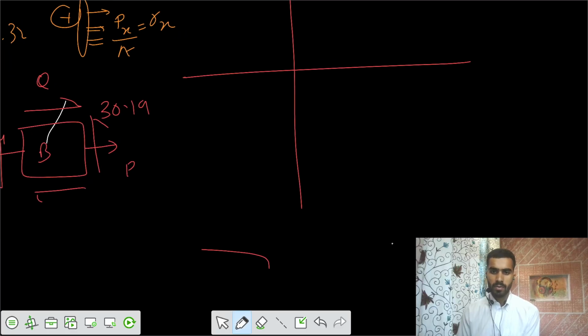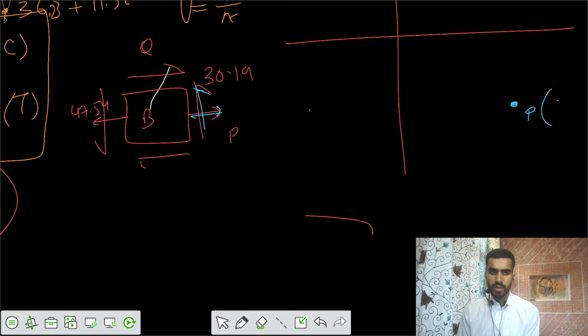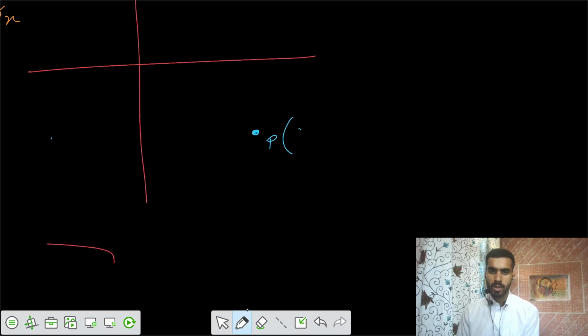For the plane P, you have 30 anti-clockwise, either here or here, and after that you have normal tensile positive. That means plane P is somewhere here, having values of normal stress 47.54 comma 30.19, and this one is positive, this one is negative.